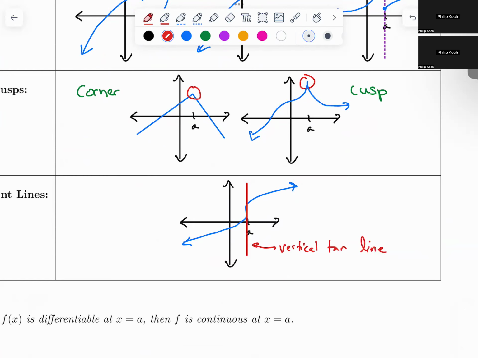So yes, you can draw the tangent line, but it's a vertical tangent line, which means that it has an undefined slope. Let me say that one more time once you're finished writing, because this is an important understanding.